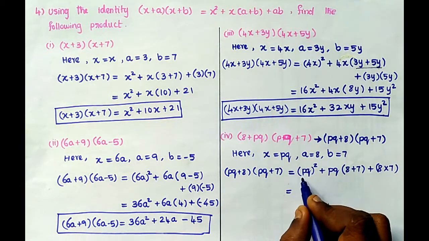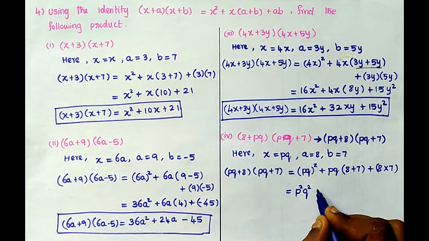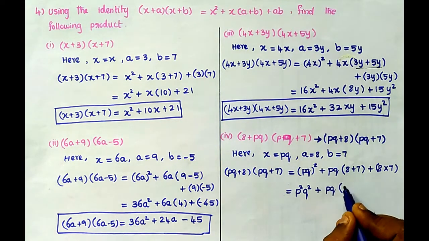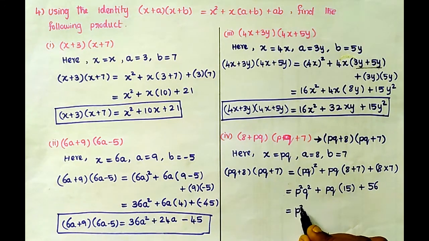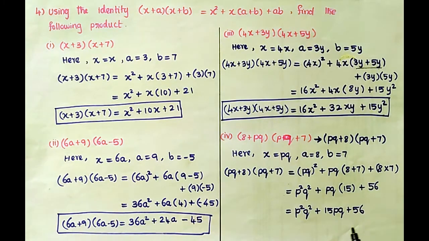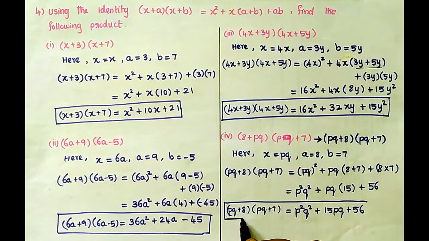Now (pq) whole squared is p squared q squared, plus pq into 15, plus 8 sevens are 56. Simplify this, we get p squared q squared plus 15pq plus 56. That is the answer.